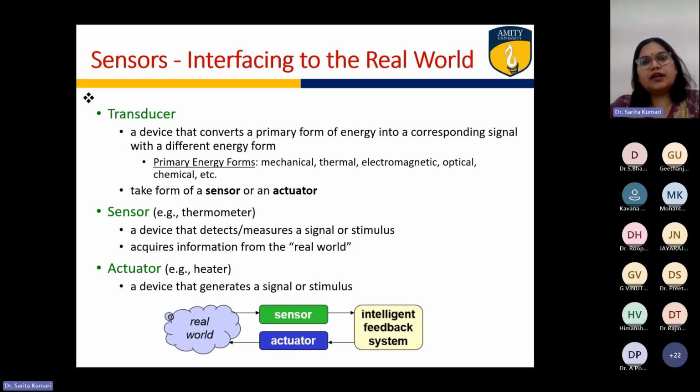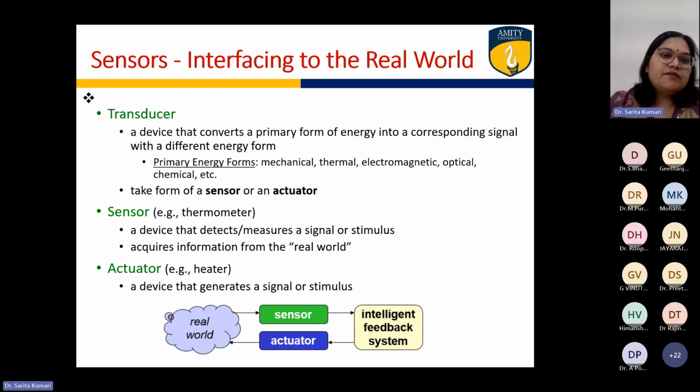So now the sensors are mainly interfacing with the real world. How we are going to interact if there is a temperature change in the atmosphere, how we are going to measure that. Suppose there is a thermometer, there is a bulb connected which is going to sense the change in temperature, and it is going to give us the output.